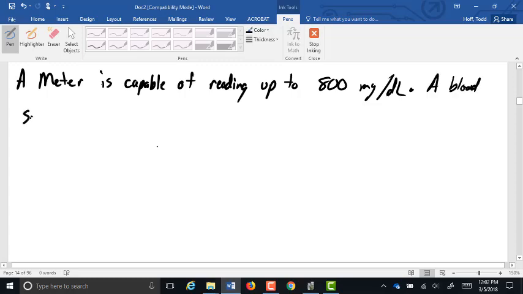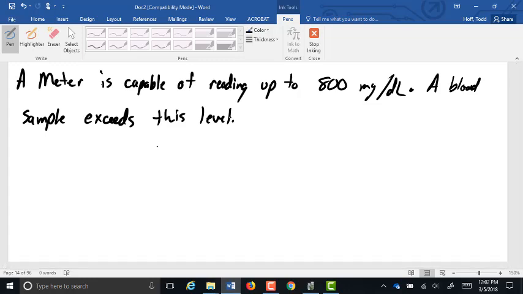A blood sample exceeds this level. So we test this sample of blood with the meter, and it goes above that level. We get an error, or the meter somehow displays it has gone beyond its capacity.